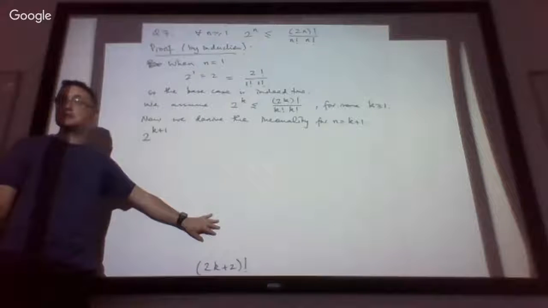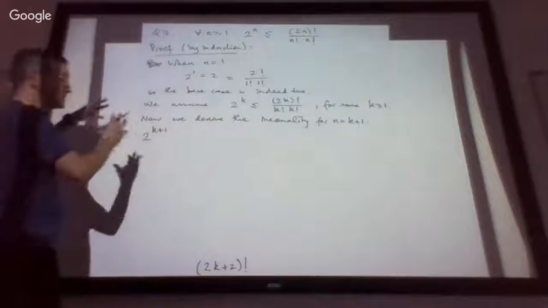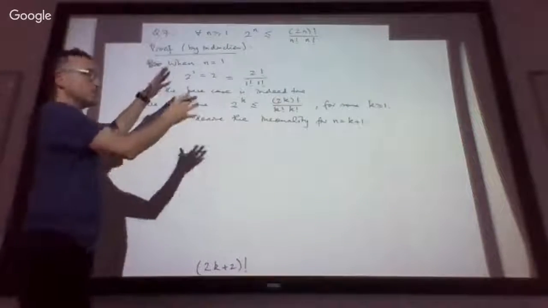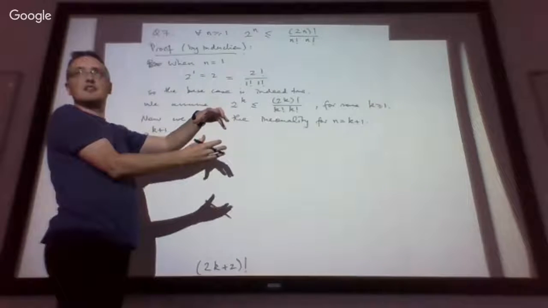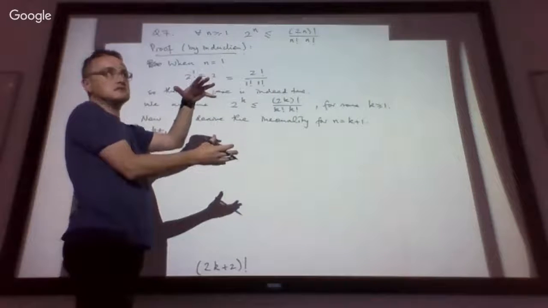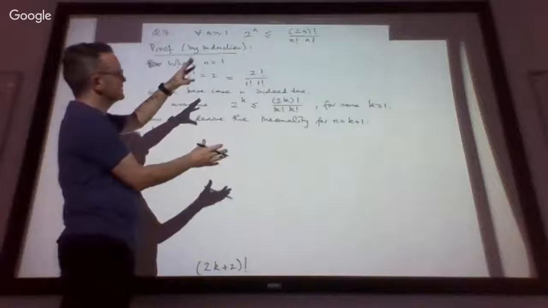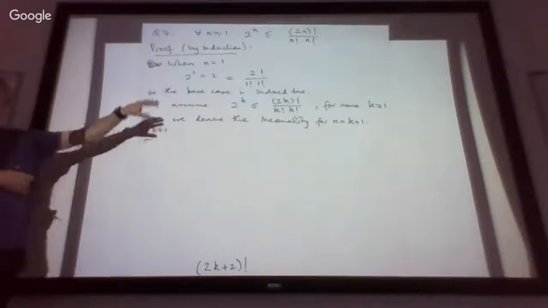I'm trying to show that this is smaller than that, so I can keep building this up until I arrive at that. But I don't want to build it up a bit and then decrease it a bit, because then I won't know what the relationship of this is to the end thing.